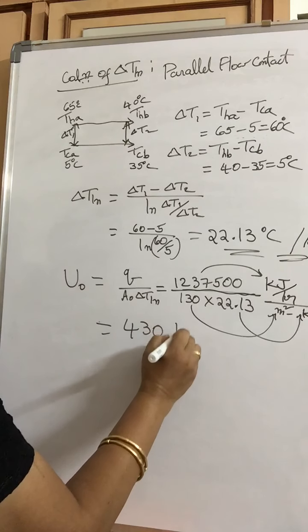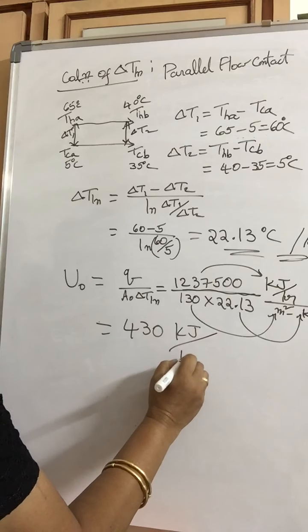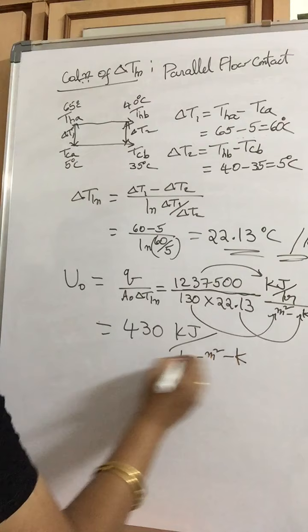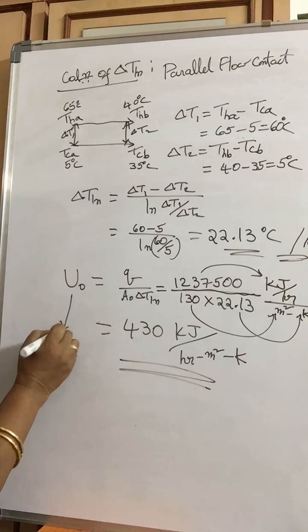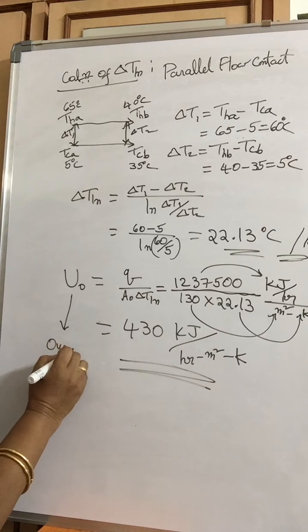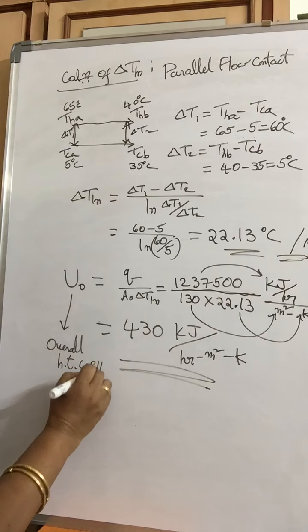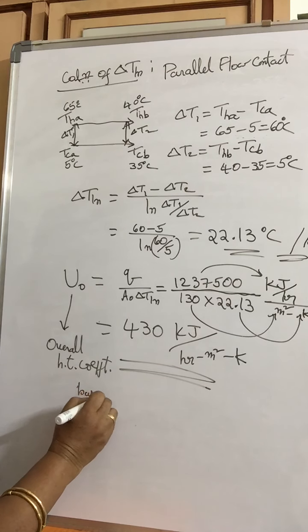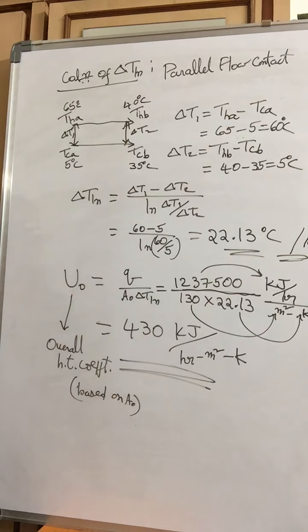The unit is kilojoules per hour per meter square per Kelvin. This is the overall heat transfer coefficient. Of course, based on A naught, that is understood. Based on A naught. Thank you.